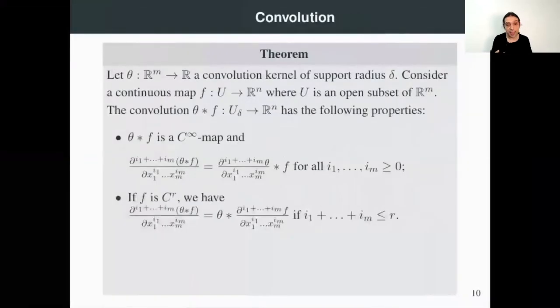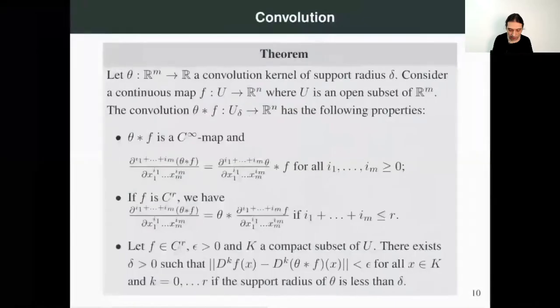Besides that, if f is CR, the derivatives of order up to R of the convolution of theta and f are the convolution of theta and the corresponding derivative of f.